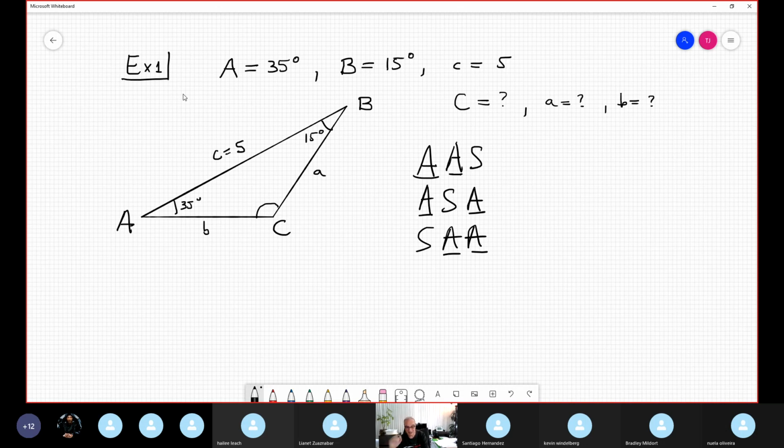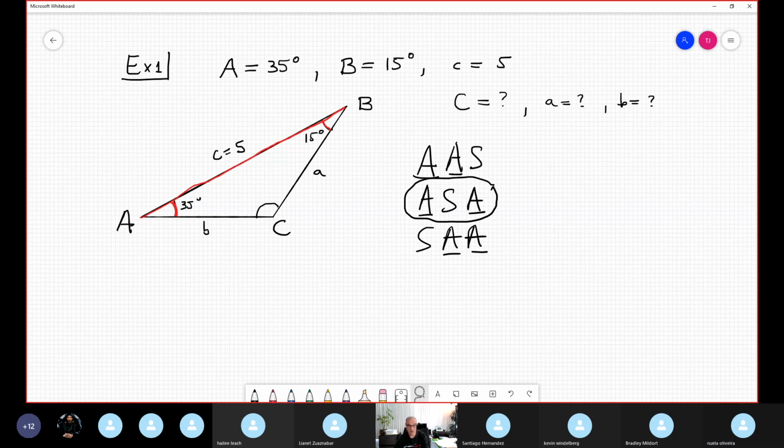This is the accurate classification, because you have angle, in that order, look, angle, side, and angle. But it doesn't matter the order, if it's angle, side, or side, angle, you solve it exactly in the same way. Let me show you now. Do you follow me? The classification?